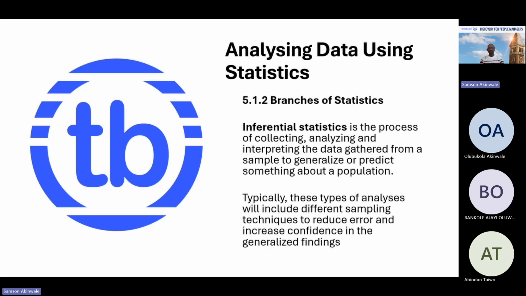So typically, when these analyses are being done, they always include what we call different sampling techniques, meaning since we are not going around to work on the entire population, we want to work on a small sample that can actually be taken care of by a small budget, and you still get the same quality and the same result.